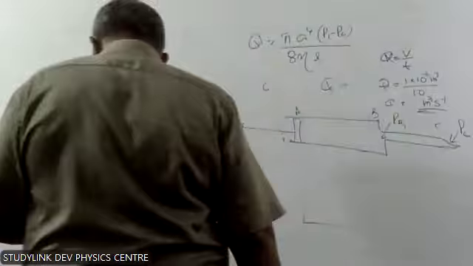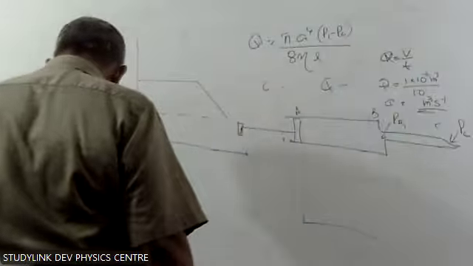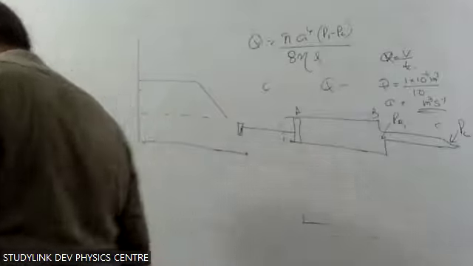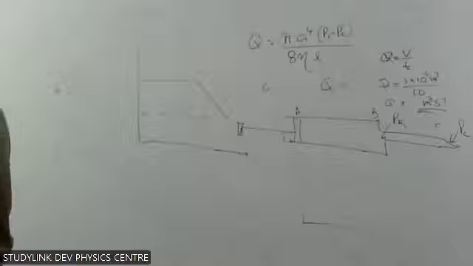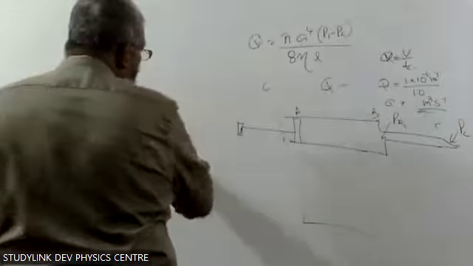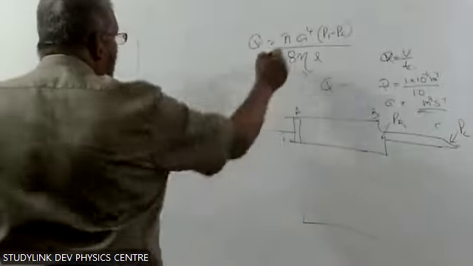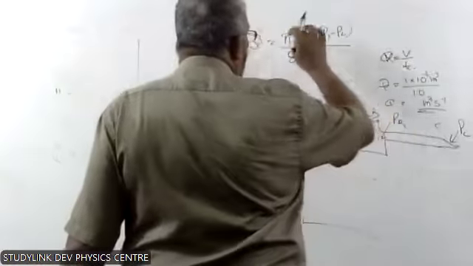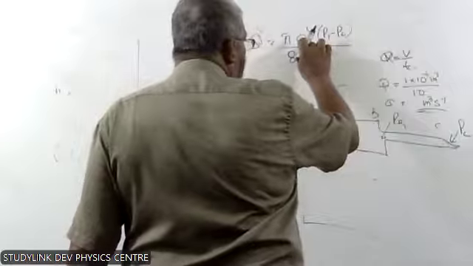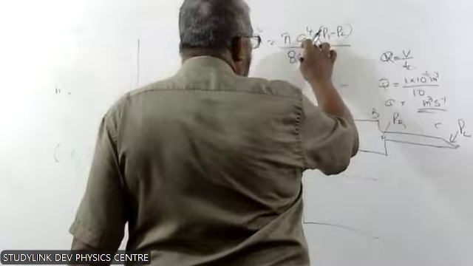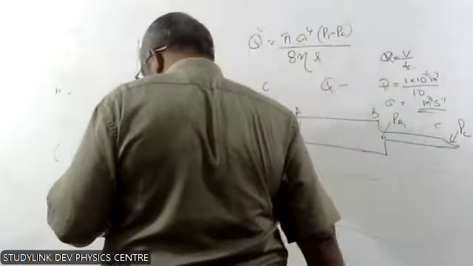After that, they are asking to calculate the pressure difference across AB, from A to B. AB means the needle. Then you use Poiseuille's equation. Q is known, we calculated it separately. Pi is known, and the internal radius is given.